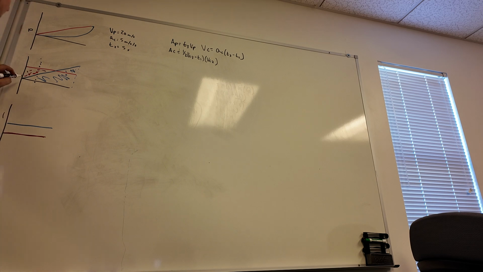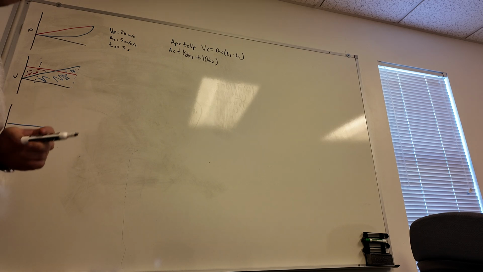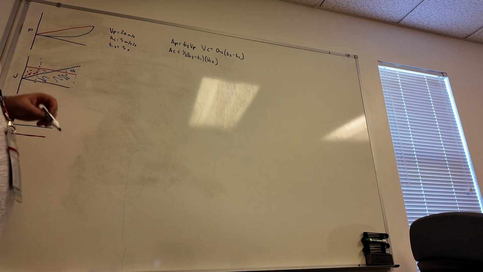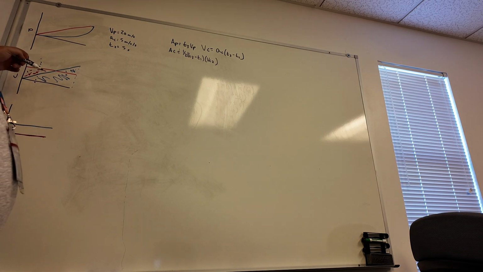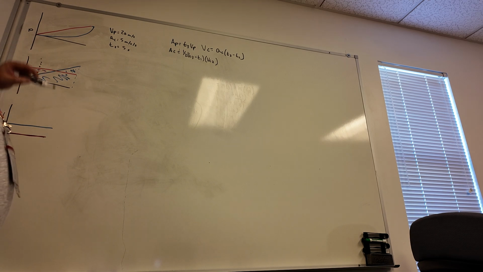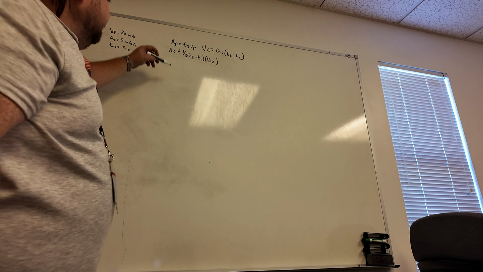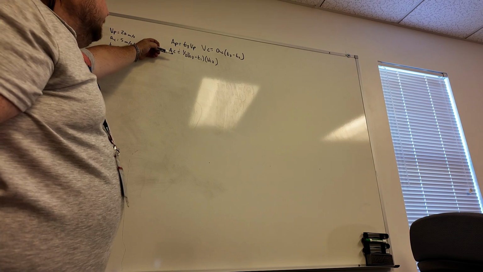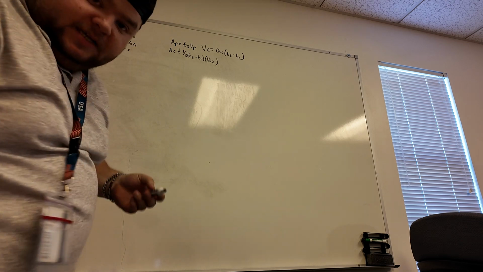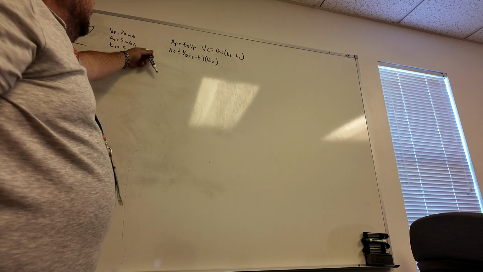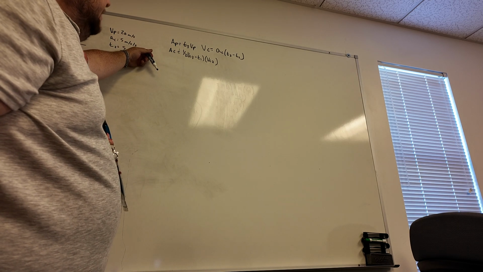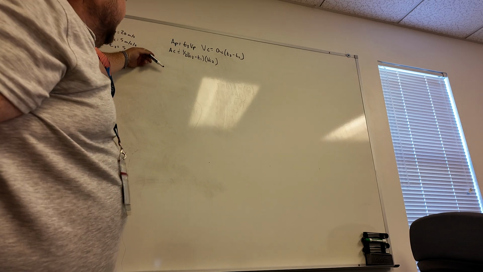The angled line for the velocity of the cop, the slope of that is the acceleration of the cop, and then the area of the perp is this red rectangle, and the area of the cop is our blue triangle. So on my equations up here, it's basically base times height for the perp because it's a rectangle, and then the cop is base times height times half, because that's how you get a triangle.